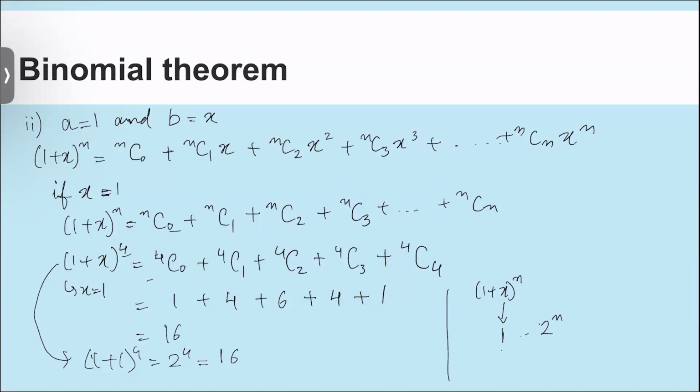And if your x becomes 2, then whatever answer you get will become 3 raised to n. That's why when we try to solve for, say, 98 raised to anything n, we always try to get it in the form of 100 minus 2, so it becomes easier because any power of 100 and any power of 2 becomes easier for us. Okay, so this is where the relation actually comes.